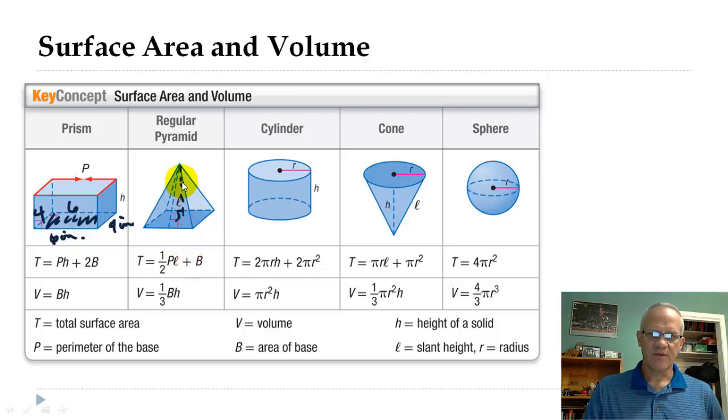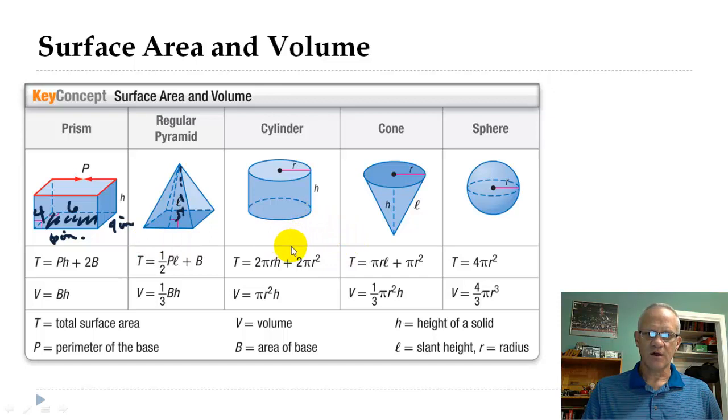So the L is from the vertex down the side of the pyramid. The L is down the side and the height is straight down into the middle of it. And of course we already talked about P and B. That's the same thing as it was in the prism.